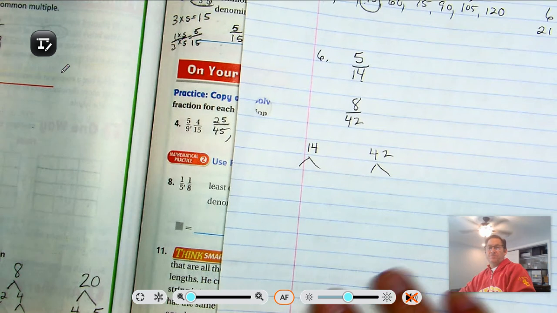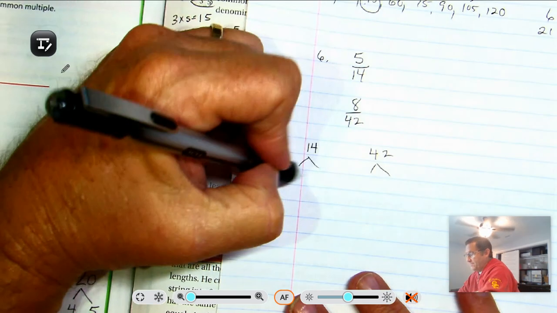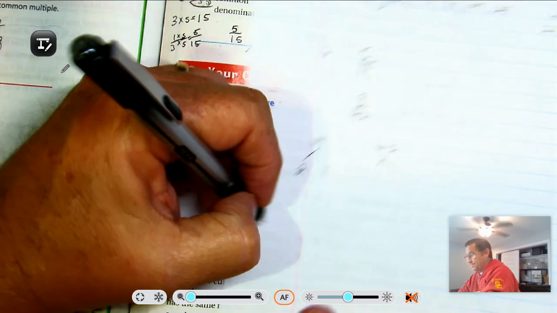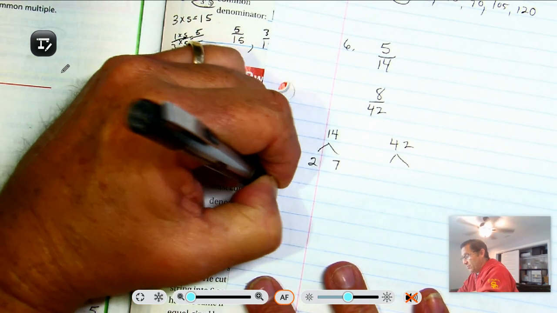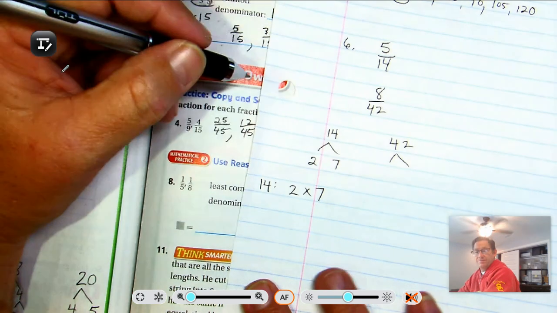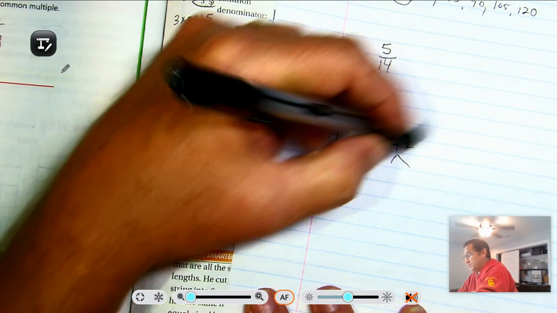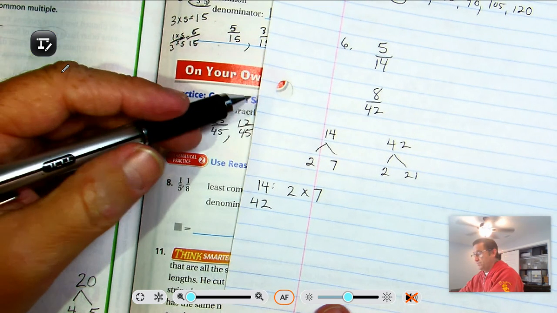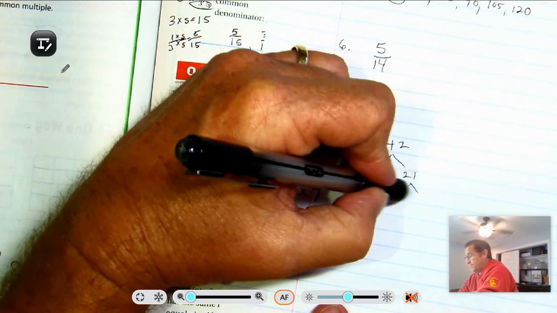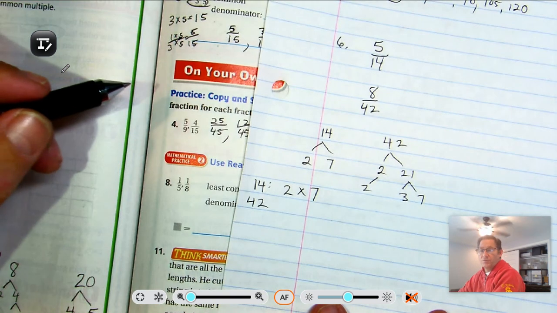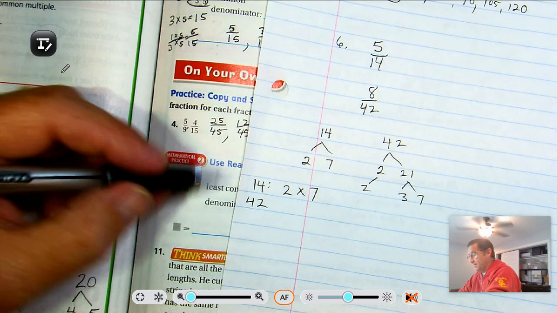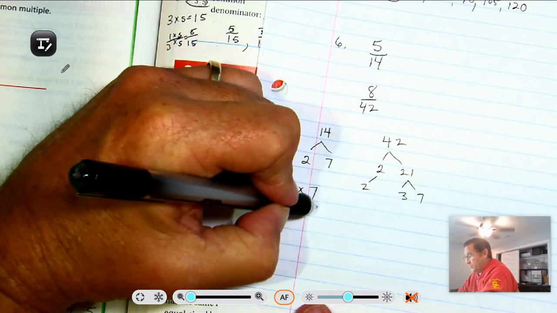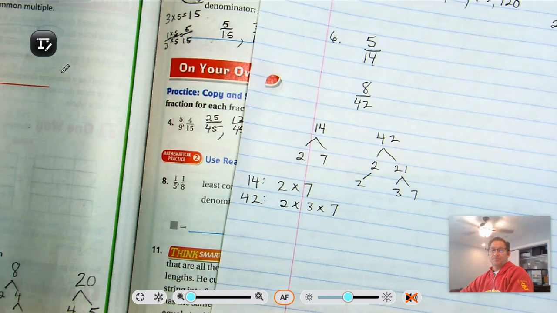Okay, I'm going to use the prime factor method. 14 is made up of 2 times 7. Those are both prime, right? So the prime factors of 14 are 2 times 7. And 42. Well, I know 2 times 21 is 42. 2 is prime. And 21 is made up of 3 times 7. So the prime factors of 42 are 2 times 3 times 7.